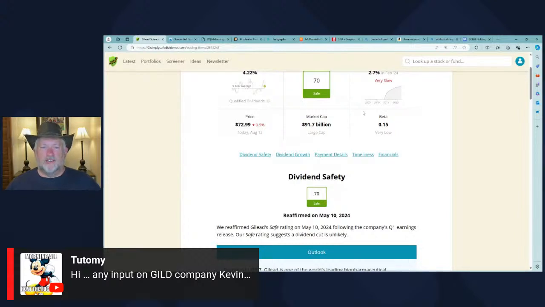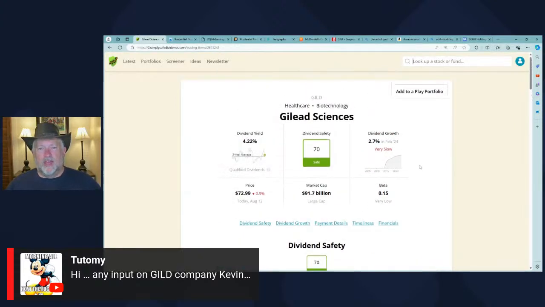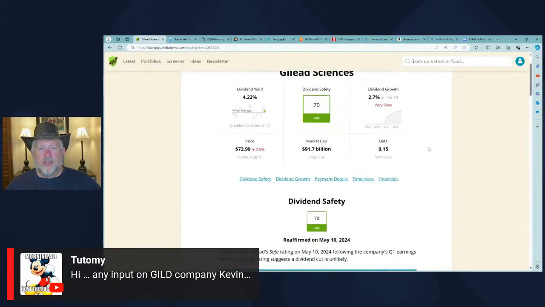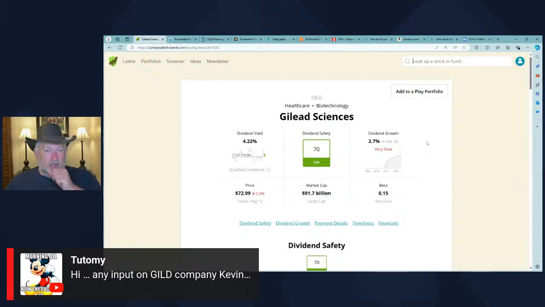So I tend to stay away from those. I could probably invest the time, but it just doesn't interest me a lot. At one time, I was interested in Gilead, but I ended up not buying it. And so there we go.